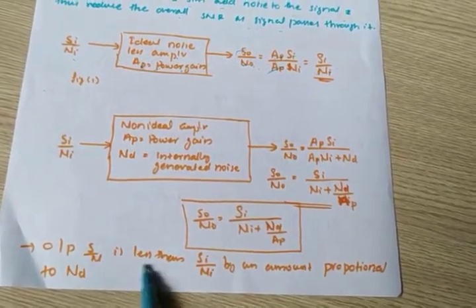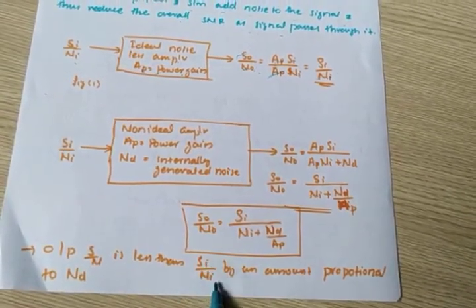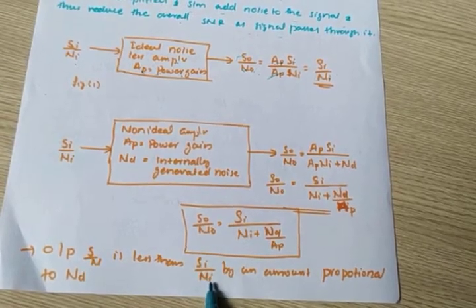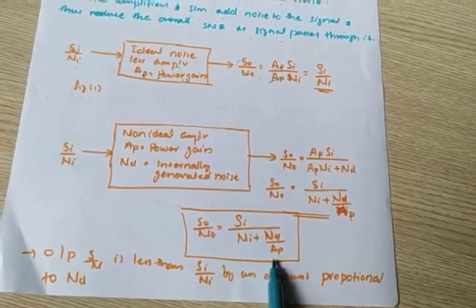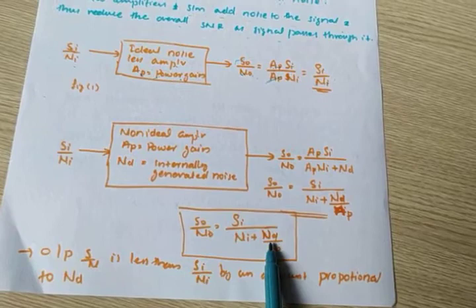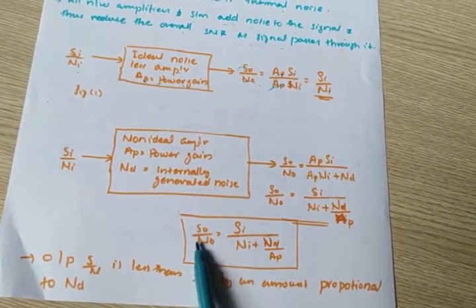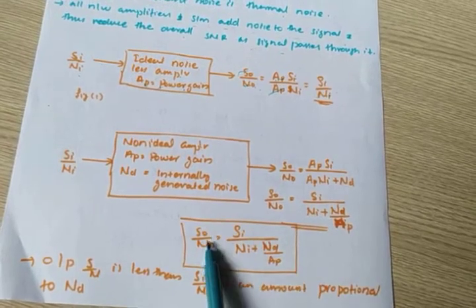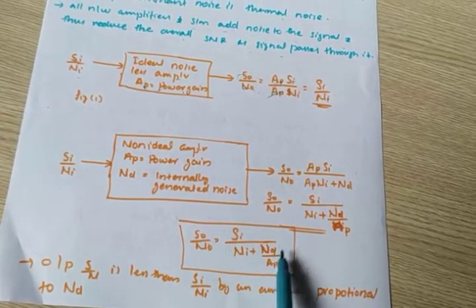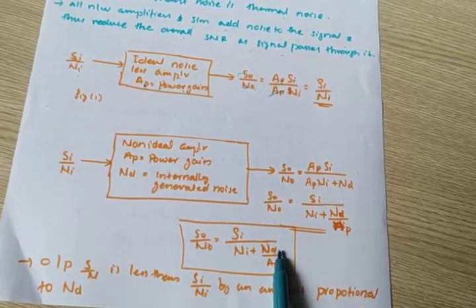So the output signal to noise ratio is less than the input signal to noise ratio by an amount proportional to Nd. In the ideal case both are equal, but in the practical case the output signal to noise ratio is less compared to the input.